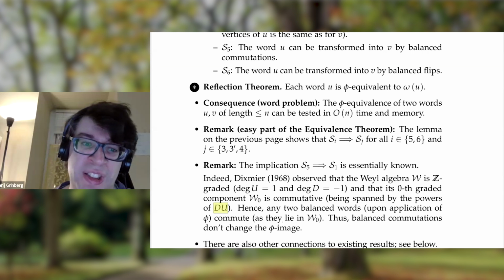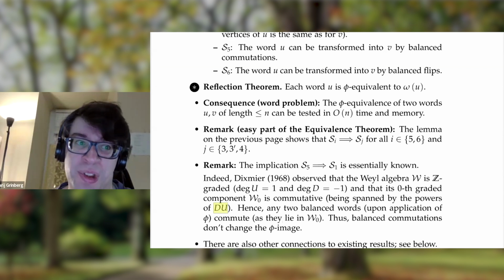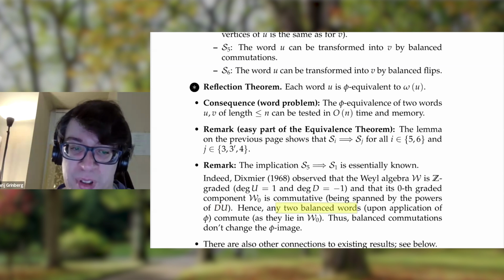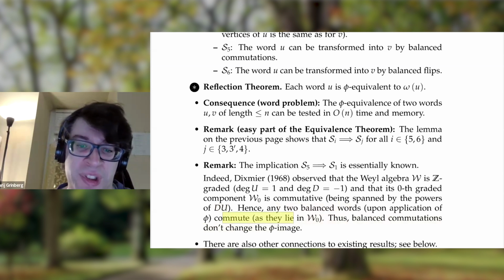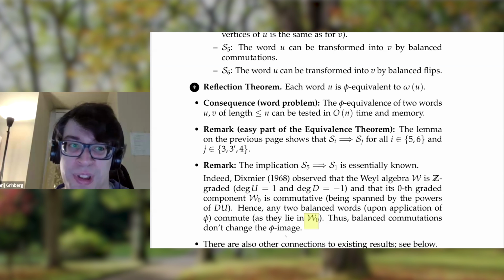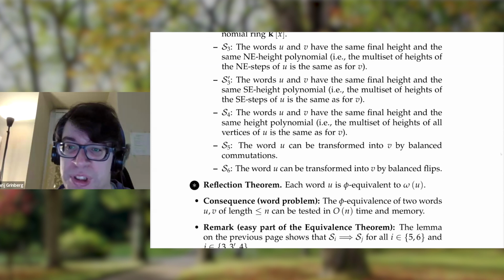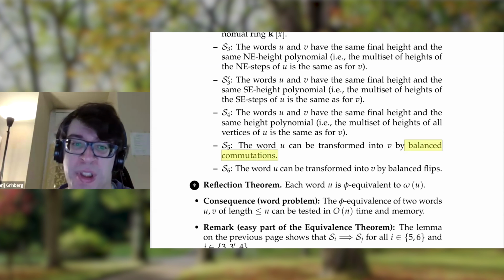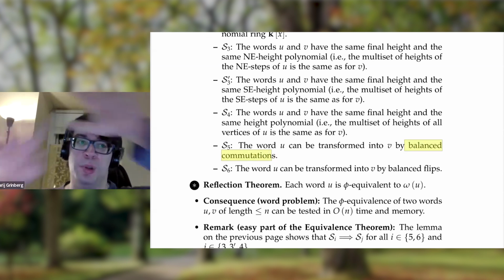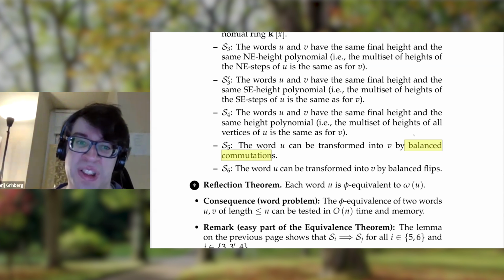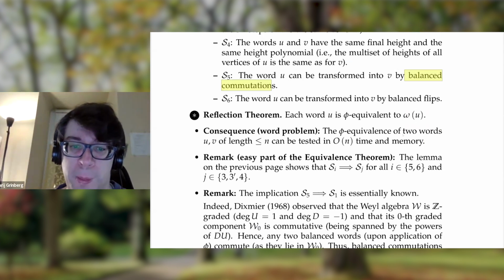But when you do that, it's just a polynomial ring in the u, so it's commutative. So in other words, any two balanced words commute in the Weyl algebra because they are in this zero graded component, which is commutative. And so if you make a balanced commutation in the Weyl algebra, you're swapping two commuting factors, so it will be the same element of the Weyl algebra.